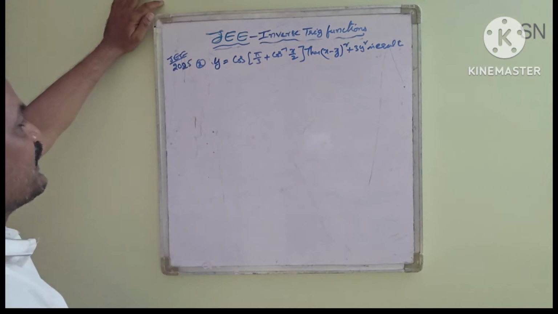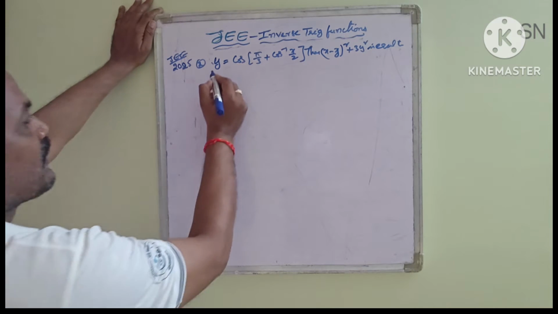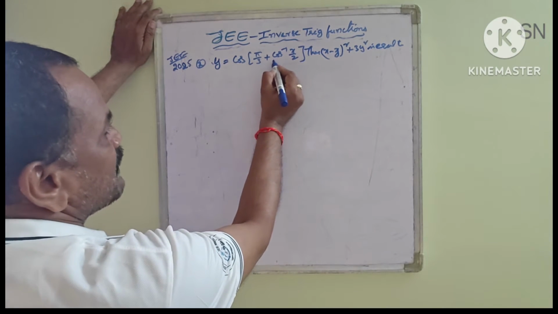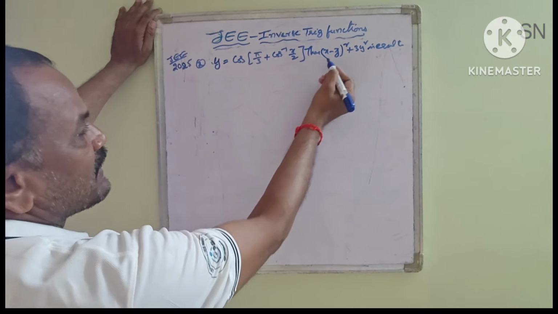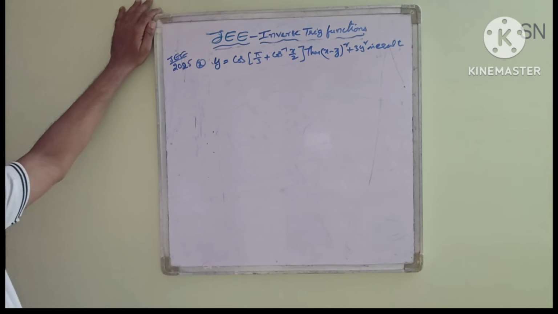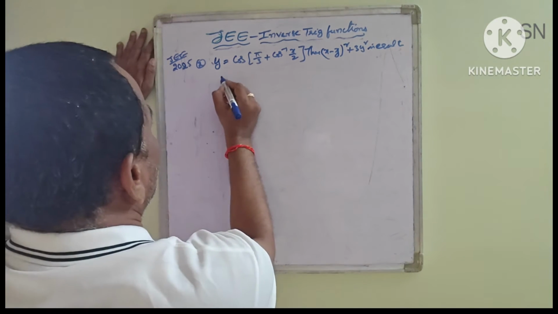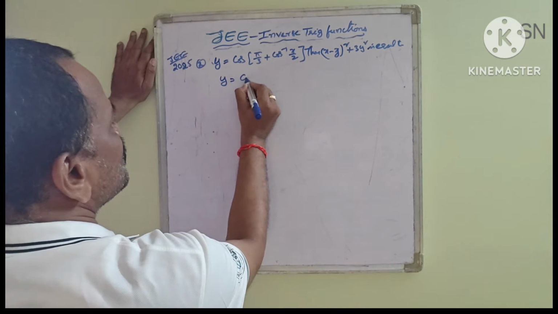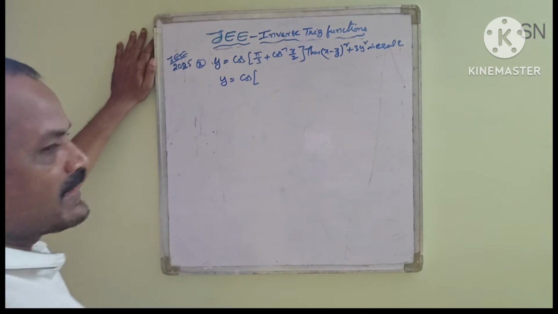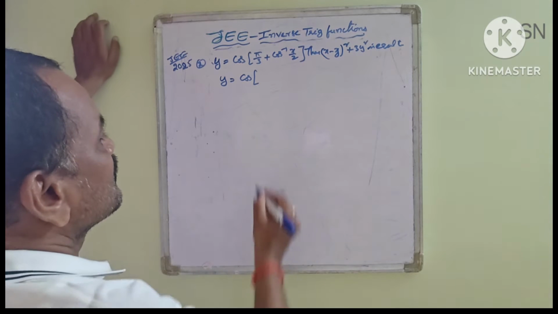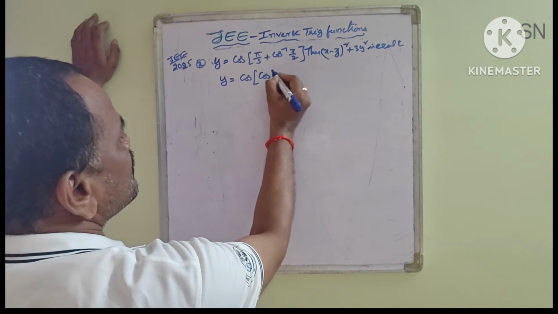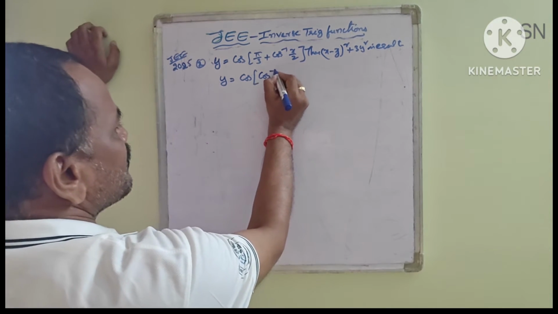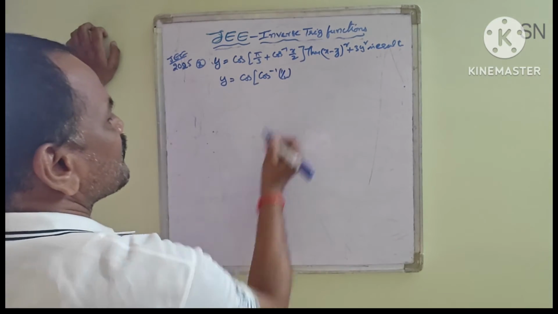Now one more JEE 2025 bit. Y is equal to cos of pi by 3 plus cos inverse of x by 2. Then x minus y whole square plus 3y square is equal to. Now here y is equal to cos of pi by 3 plus cos inverse of x by 2.